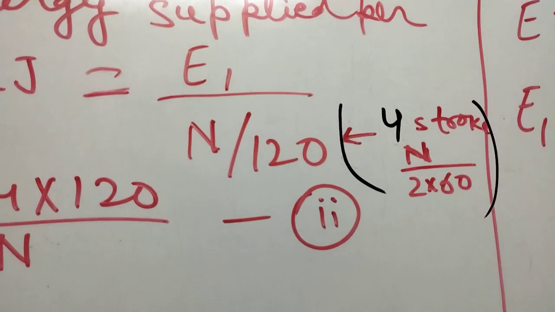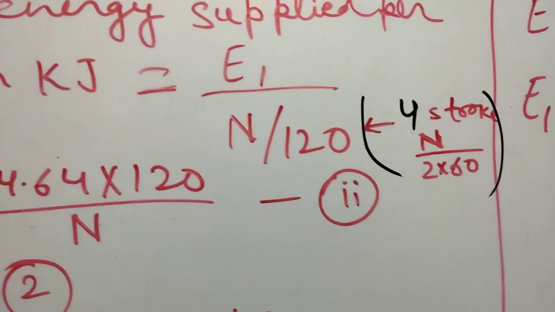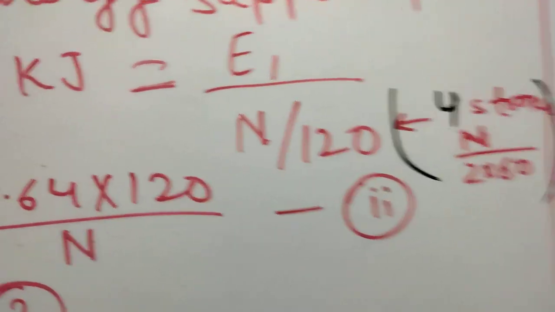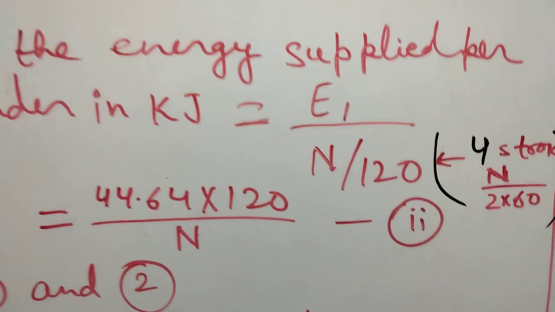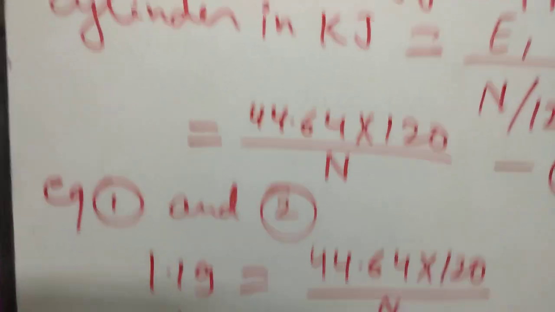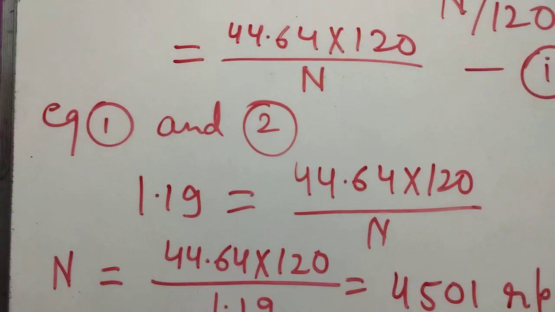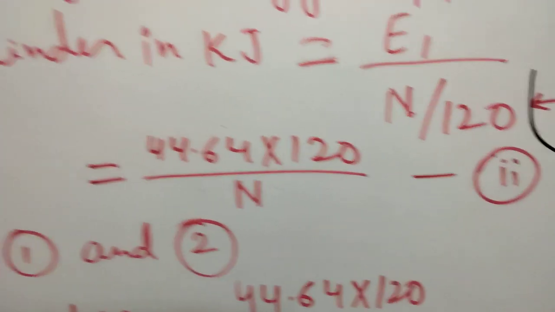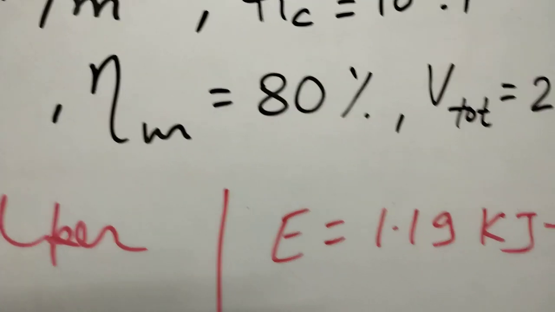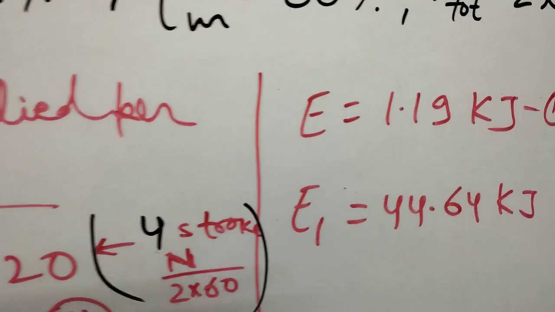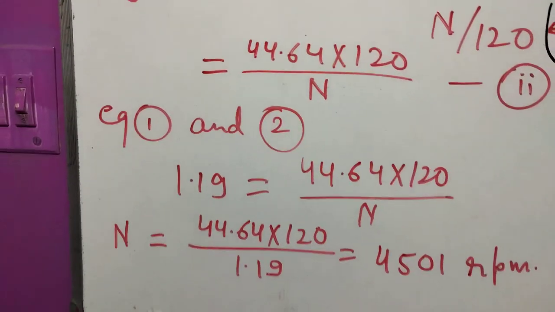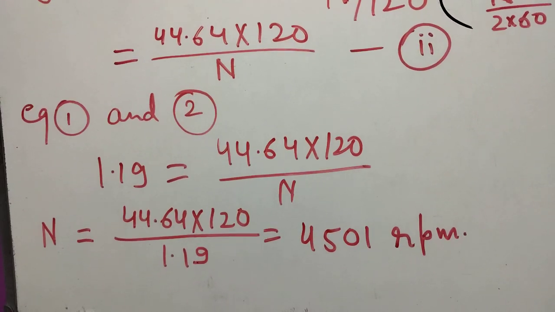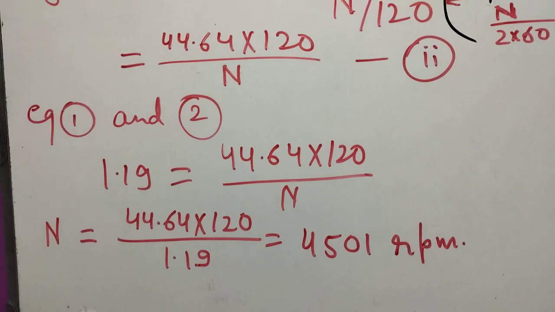Therefore, N by 2, here the power stroke is half of the full cycle. Therefore, N by 2 into 60, here N by 120. Rearranging the equation and equating equation 1 and 2, here equation 2 and equation 1 value is E equal to 1.19 kilojoule. Therefore, we find the N, the revolution per minute, RPM equal to 4.4501 RPM. Thank you.